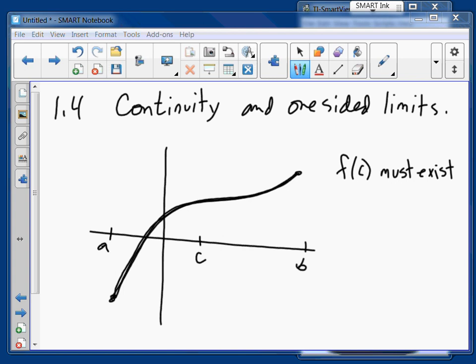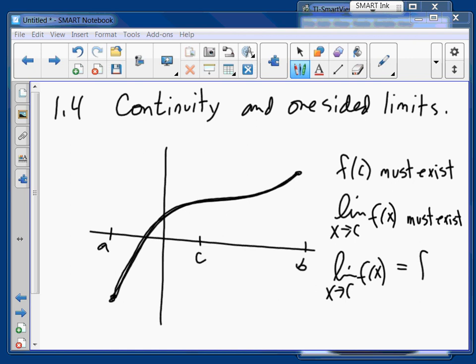Part 2, the limit as x approaches C of f of x must exist. So the limit has to exist as well. And part 3, those two things have to equal each other. The limit as x approaches C of f of x must equal f of C. So those are your 3 rules for continuity.